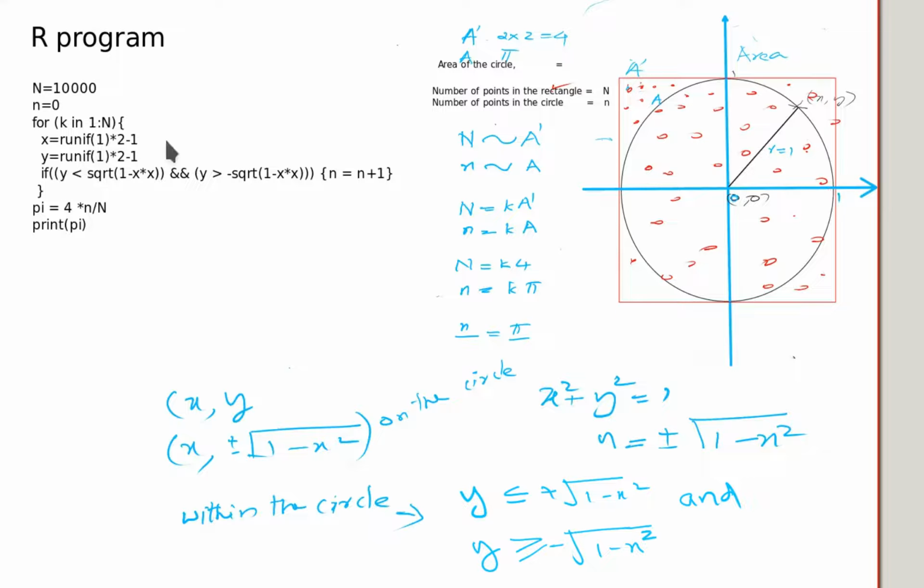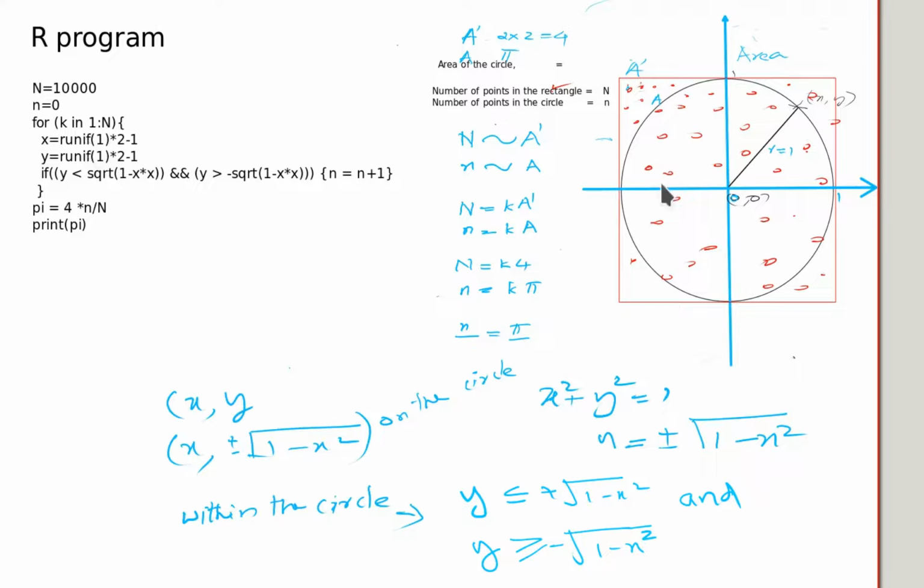So if you multiply that with 2, the number will lie between 0 and 2. But we need the number to lie between -1 and +1. So we subtract 1. A number lying between 0 and 2, when we subtract 1, will lie between -1 and +1, right?